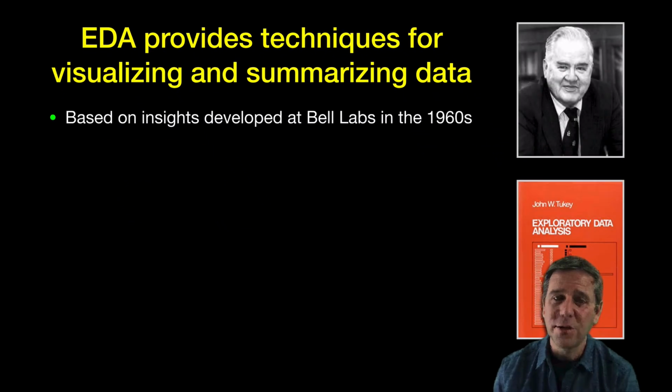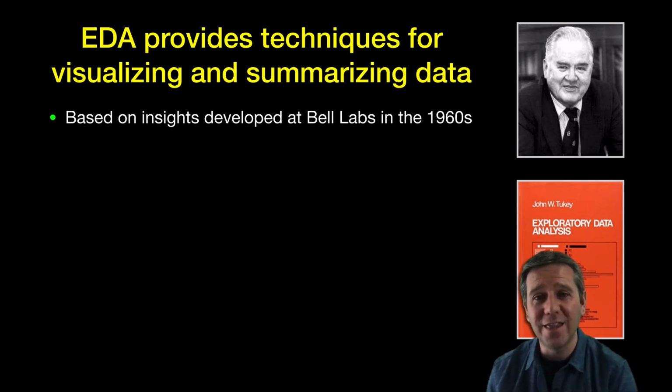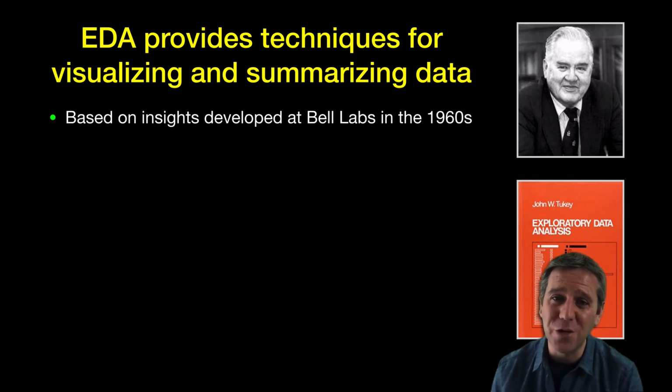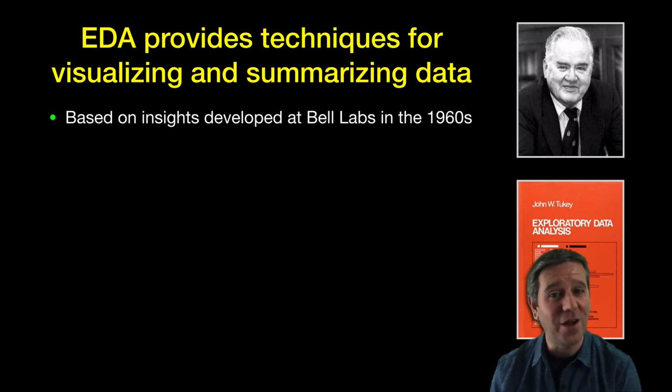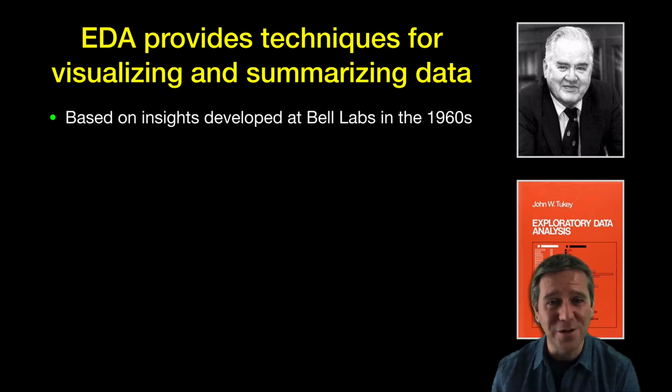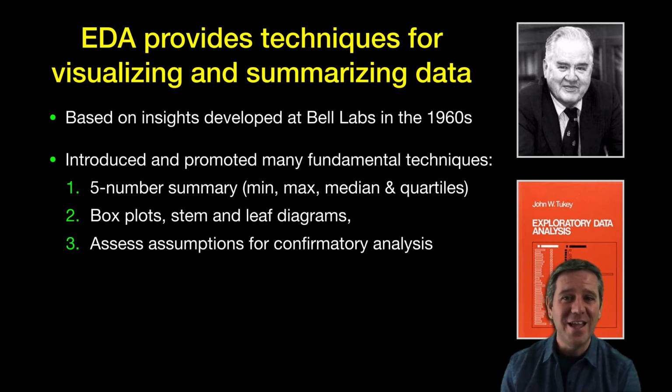This EDA approach, and indeed the terminology, was really championed by a number of researchers at Bell Labs in the 1960s, who were really like the Google of their day. In particular, John Tukey, shown here, who also developed the fast Fourier transform algorithm and coined the term bit, amongst other major developments in the field.